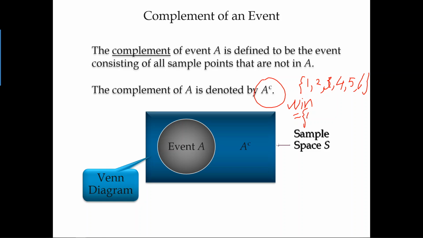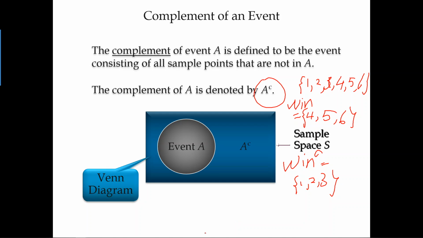Therefore it includes 4, 5, and 6, right? And then the complement event of win, which is win C, will include the sample points that are not in the event win. So the complement event of win will be 1, 2, and 3, okay? So those are the complement events.